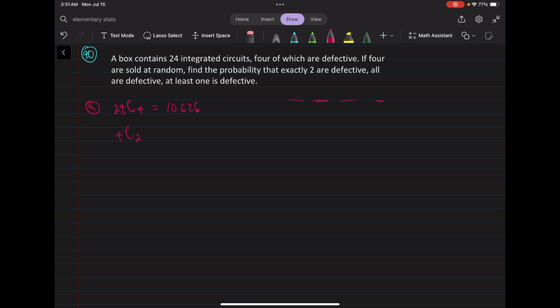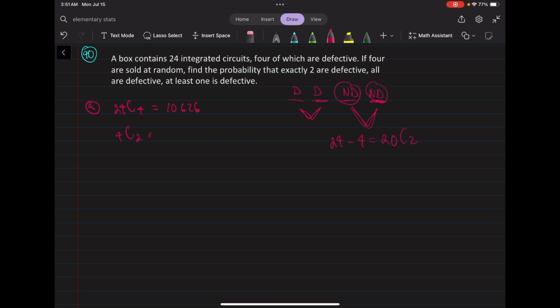I have already selected my defectives. Now I need to select not defective and not defective. Which ones are not defective? Well, if there are 24 in total and 4 of them are defective, there are 20 in total, and I need to select just 2 more, so it'll be 20 combination 2.